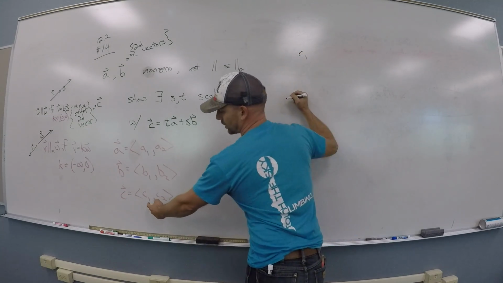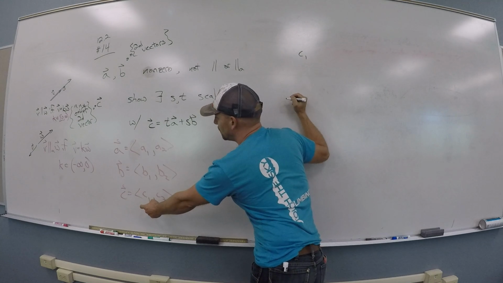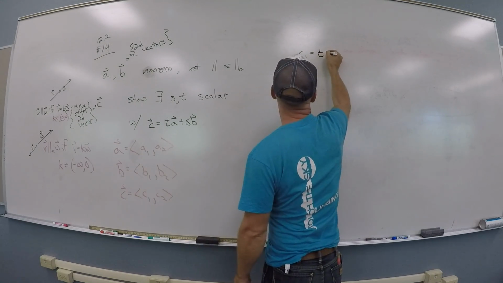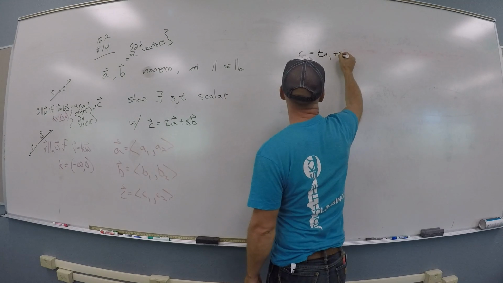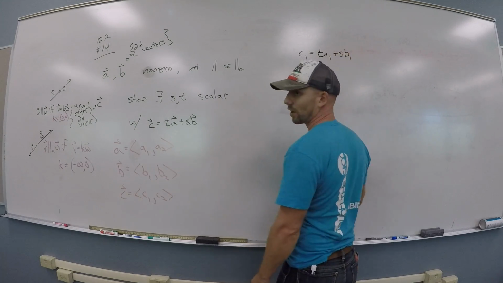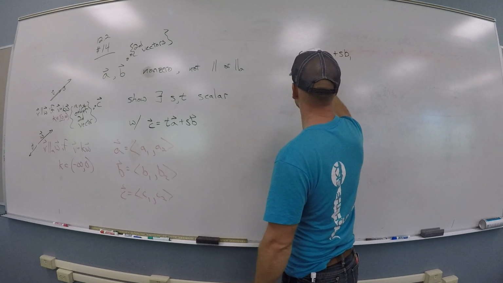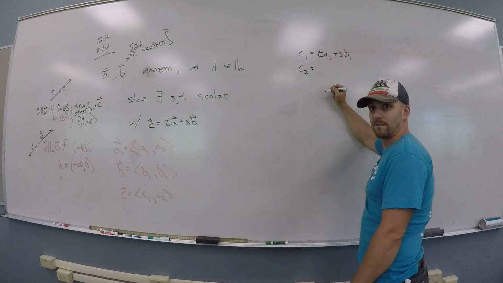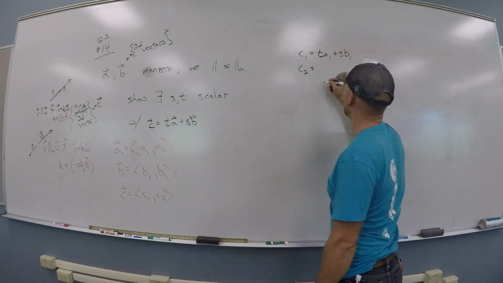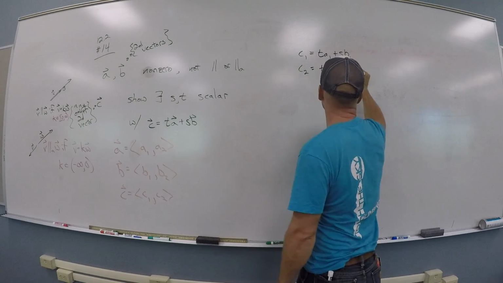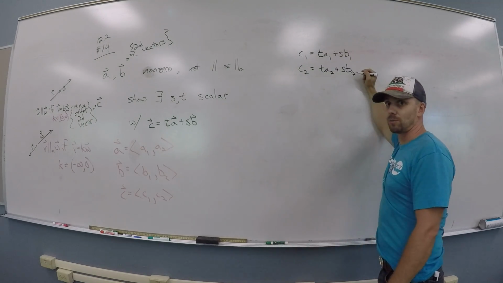If I look at the first components, C1 has to be T times A1 plus S times B1. And a similar thing is going to be true for C2: that would be T times A2 plus S times B2. And then you've got to bust out your algebra 2.